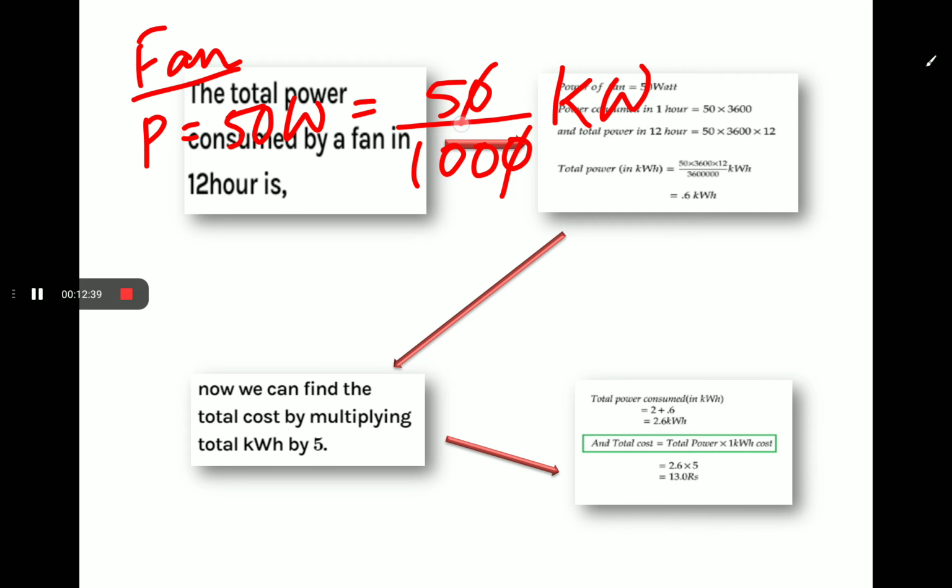Here we can solve it, so it becomes 0.05 kilowatt.